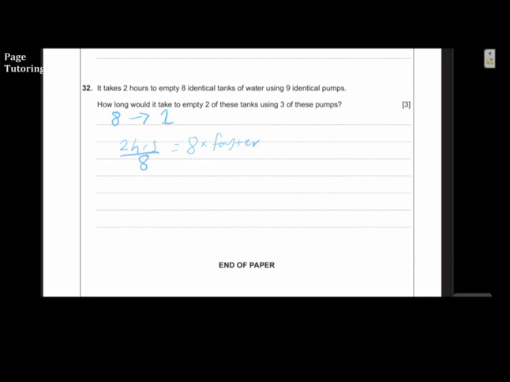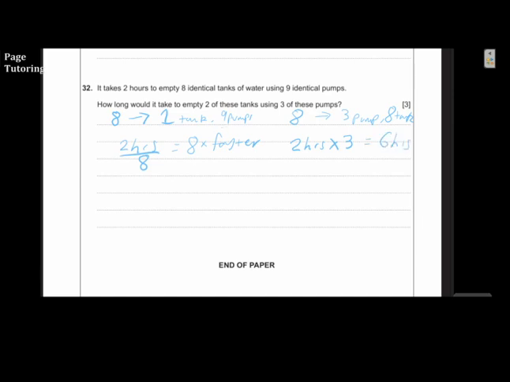And if I had fewer pumps, so say I had the 8 tanks still, but I only had 3 pumps, and then there's still 9 pumps there. So 3 pumps, 8 tanks, then it'd be 3 times slower. So it'd be 2 hours times 3. It takes 3 times as long. So it takes 6 hours.